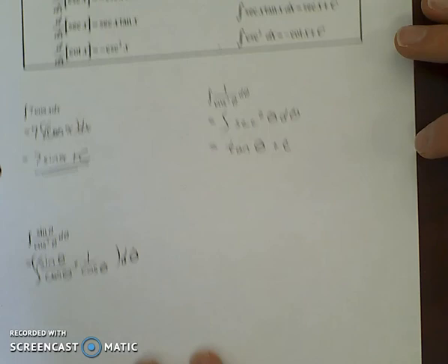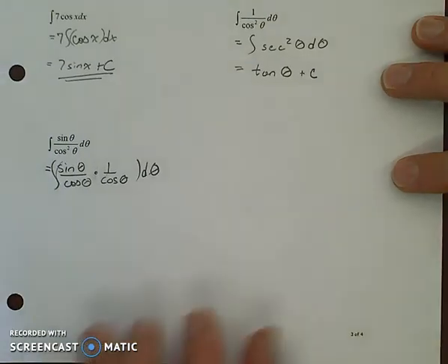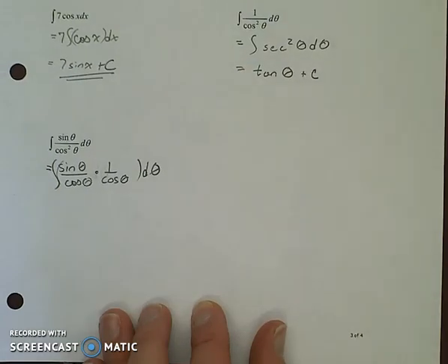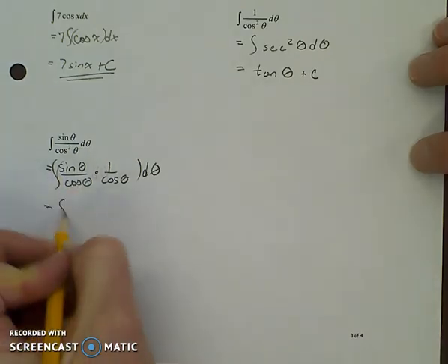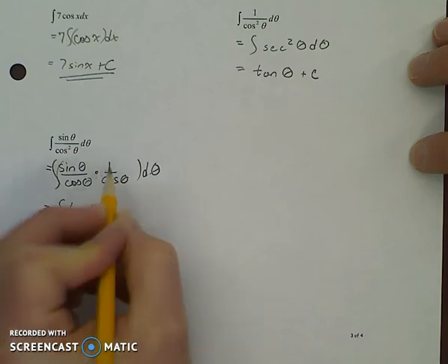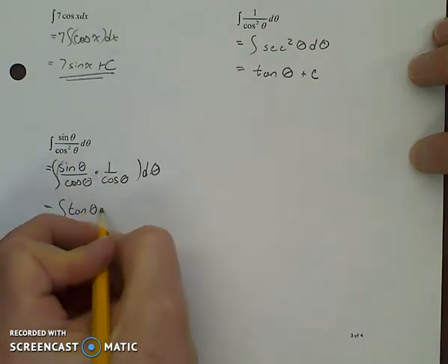The last one here, you need to split up. And look at what happens when you have sine theta over cosine theta. The integral of tan theta. And what's 1 over cosine? We just talked about that. Secant theta.